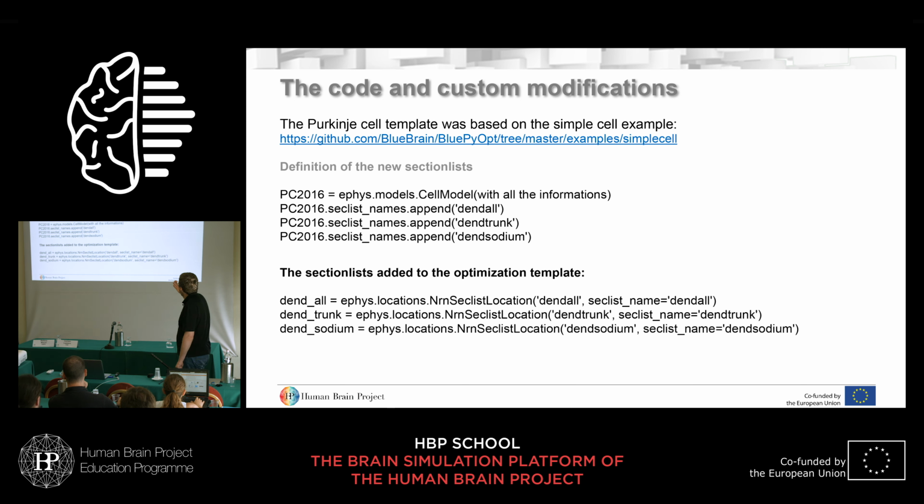So in this case, I define section lists for specific locations. So then it means the dendritic section of the entire morphology. Then trunk are only the dendrites of the main trunk. Then sodium are the sections only for the first part of the trunk. To add a section list is very straightforward, because one declares what the name of the section list is, where to use it, and so on.